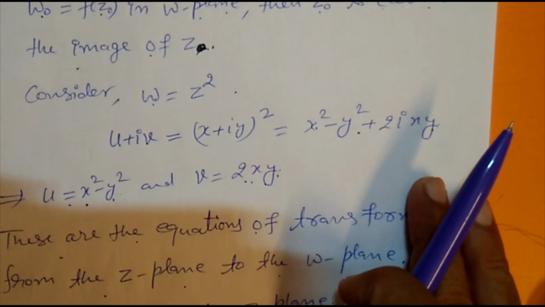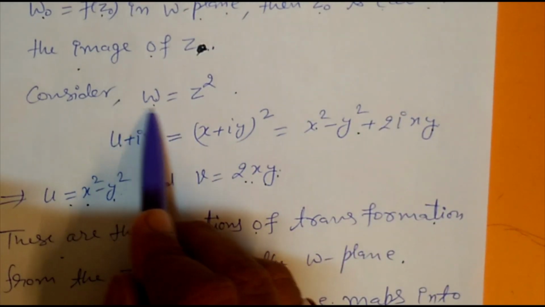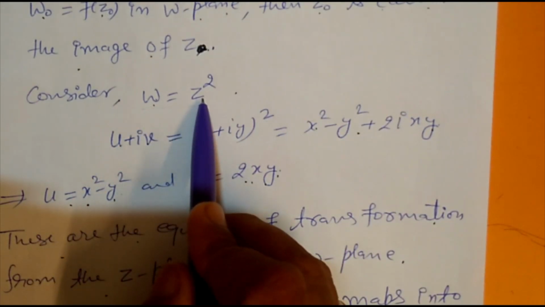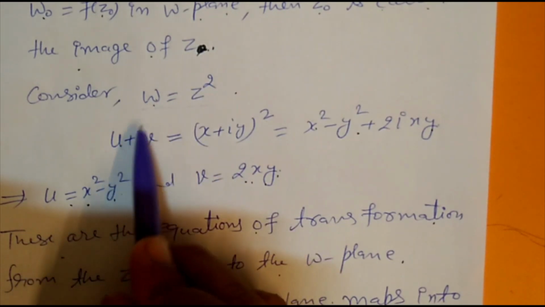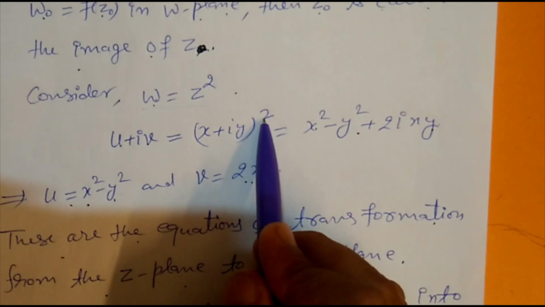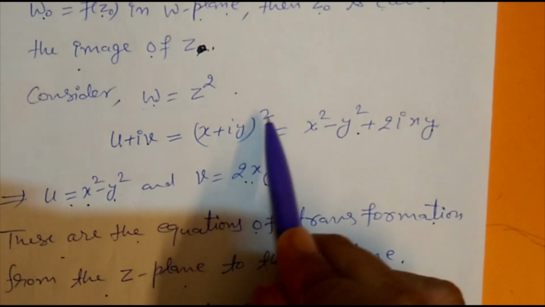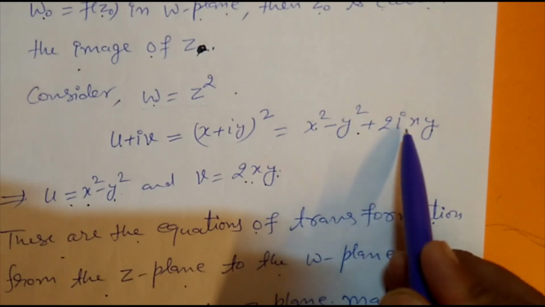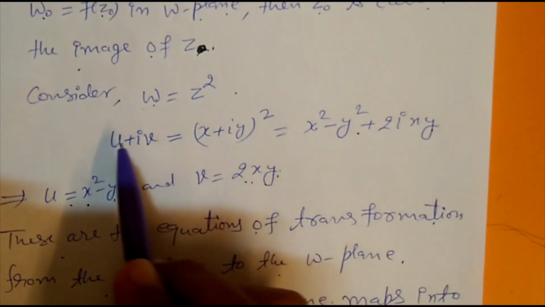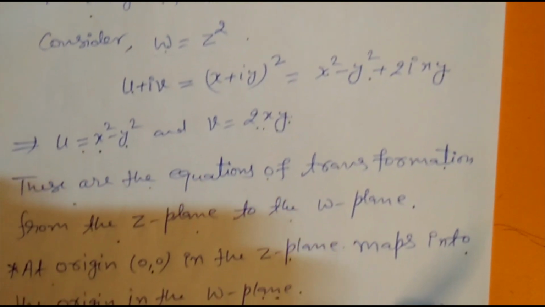So if we consider an example, say the function w = f(z) = z squared. In that case, u + iv = (x + iy) whole squared, and expand the whole square of x + iy. So we obtain x squared minus y squared plus 2ixy. Now compare both sides, real and imaginary parts.